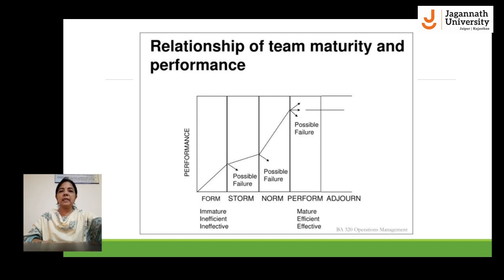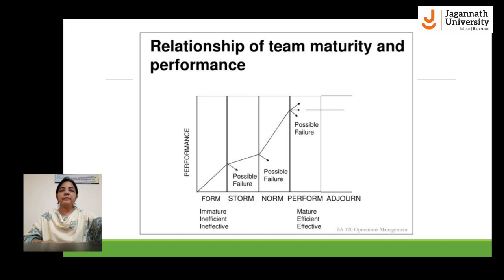As we can see in the graph, in the forming, storming, norming, performing stages, immature, inefficient and ineffective members are there in the forming stage. Possible failure is one of the major characteristics of the storming stage. If the storming stage is not dealt with maturely and the conflicts are not resolved, then the norming stage may also become a stage of possible failure, and the same may continue during performing.